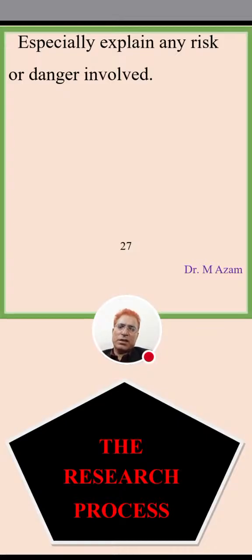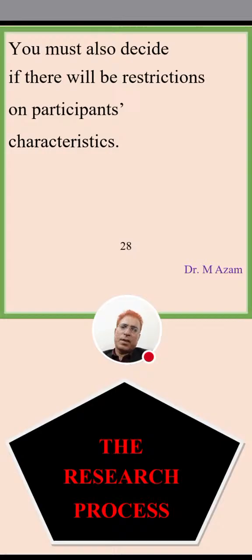If there is a risk or a danger involved, it is the responsibility of the researcher to inform the participants before the research. You must also decide if there will be restrictions on participants' characteristics.